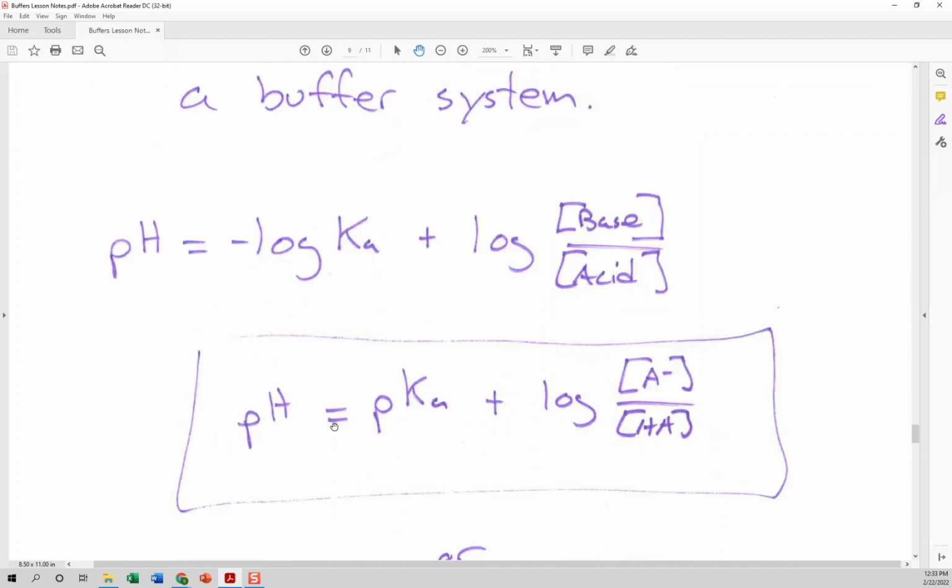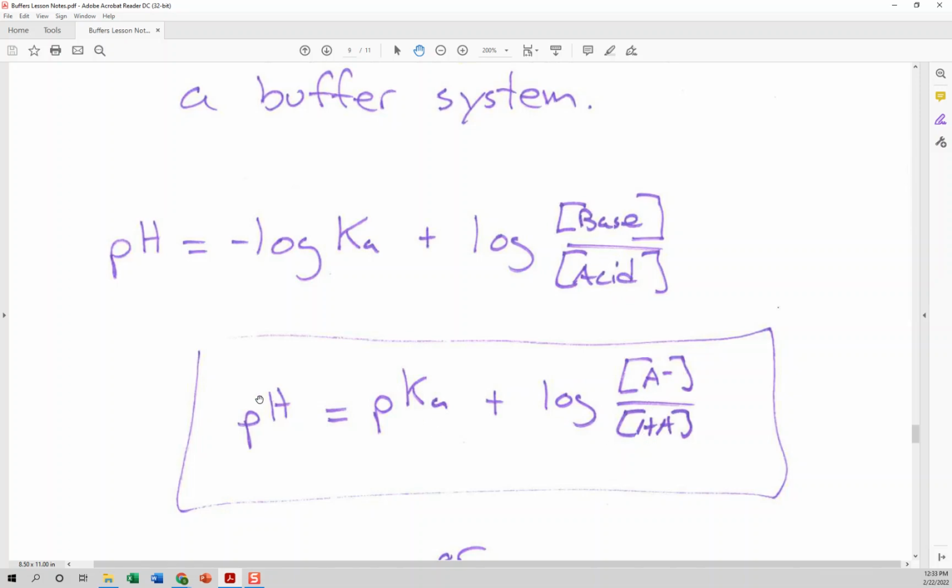It says pH equals pKa. Remember, pKa is just the negative log of the Ka of your acid component, okay, plus the logarithm of this ratio, the concentration of the base component over the concentration of the acid component of your buffer.